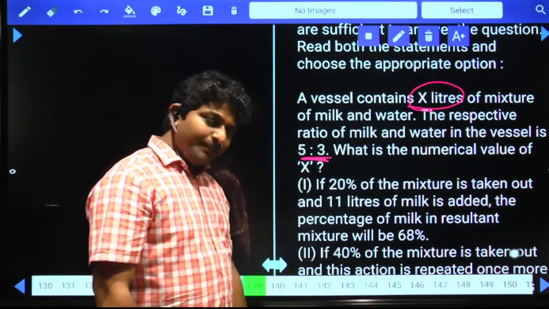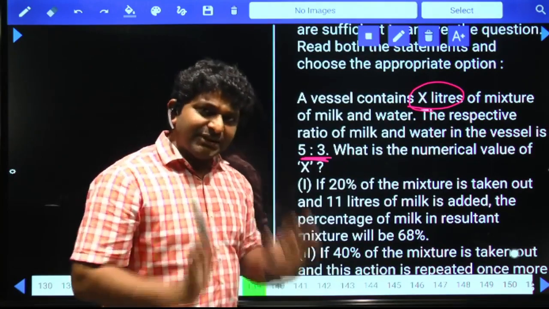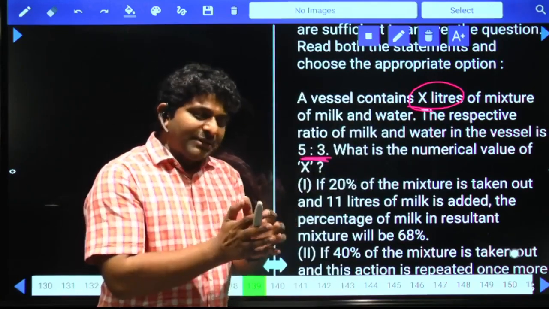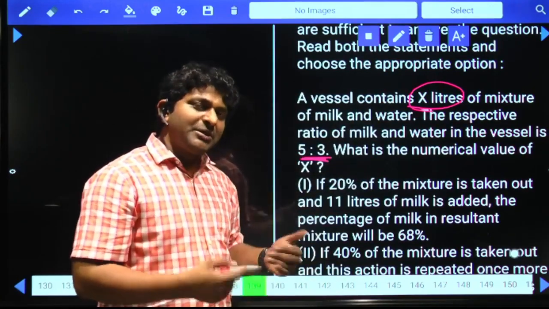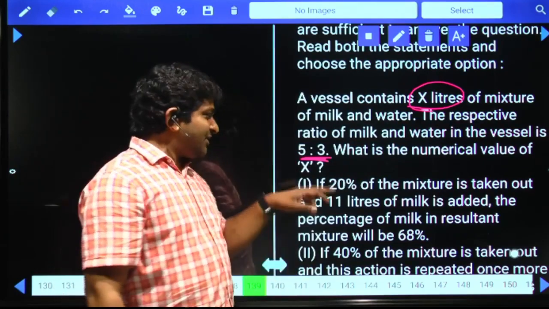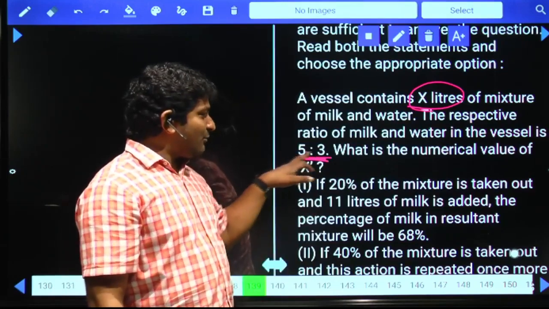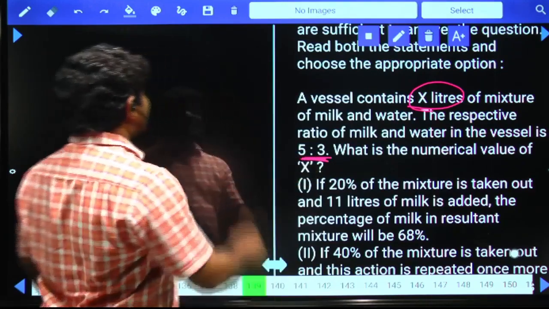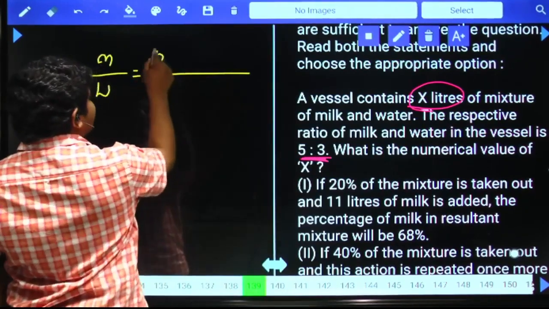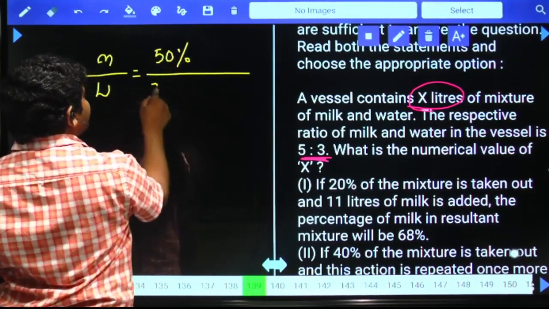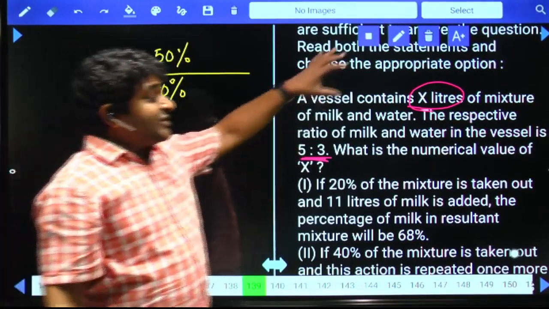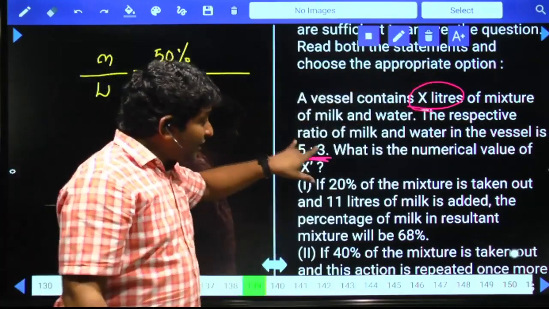Let us have initially 100%. 20% of the mixture is taken out. Out of 100%, if 20% is taken out, how much remaining will be there? 80%. And in the remaining 80% also, the ratio between milk and water should be 5:3. Hence, milk and water in 80% will be 50% and 30%, because the initial 100% has milk and water in the ratio 5:3.